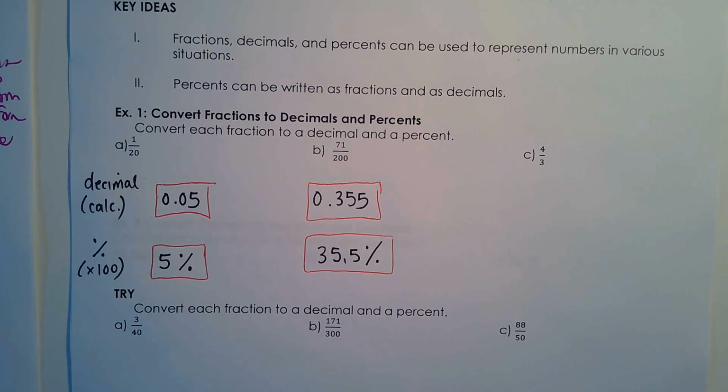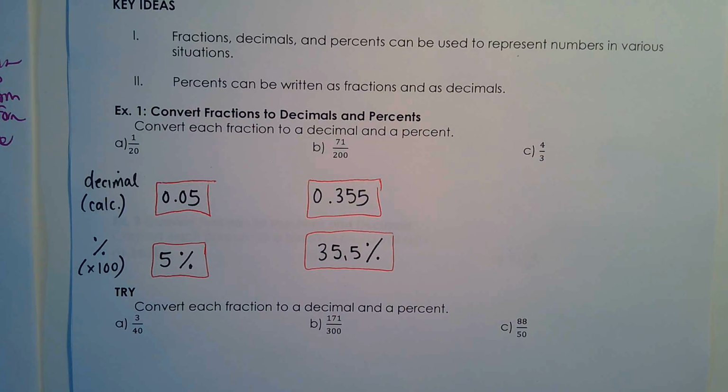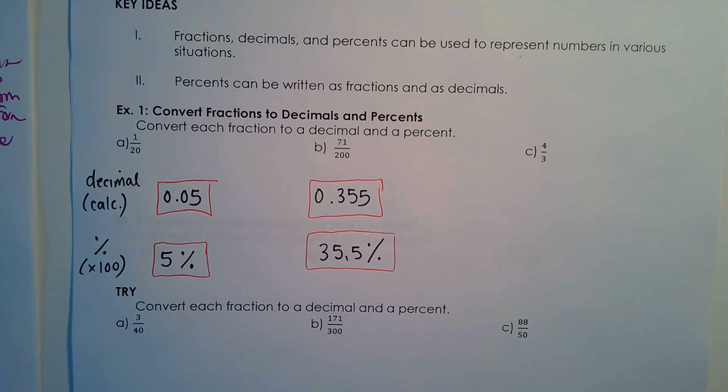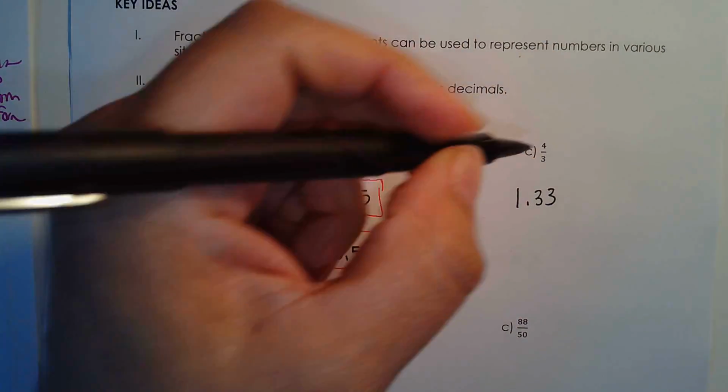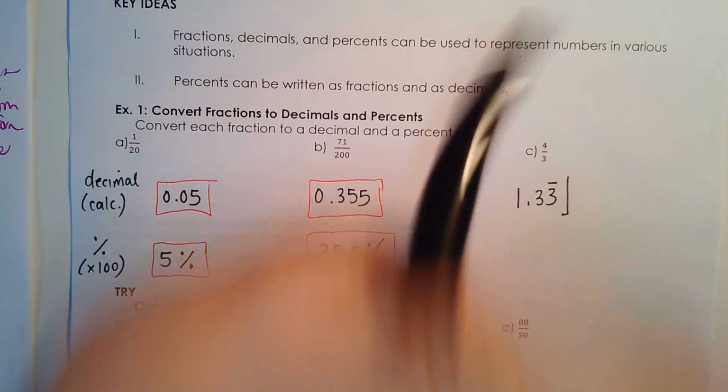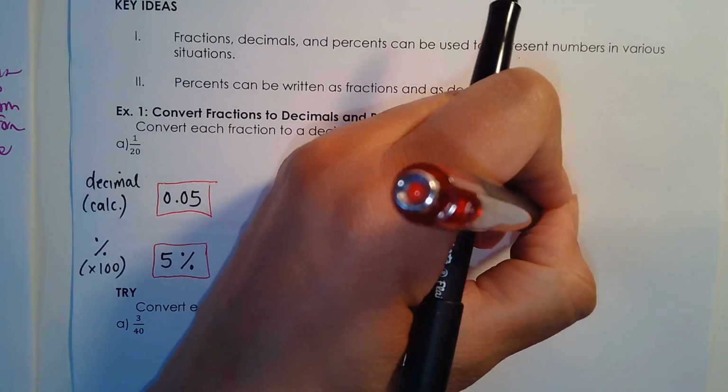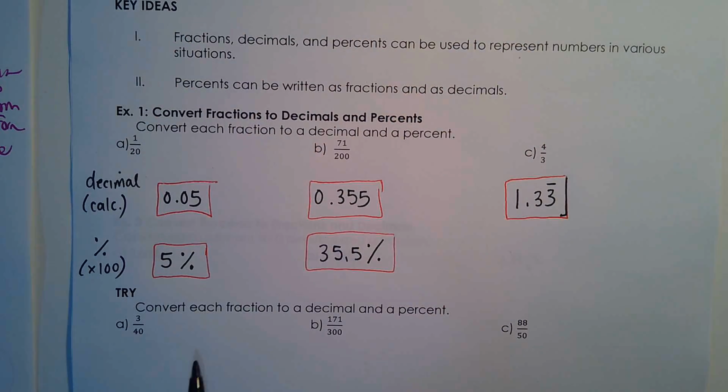And last example, 4 over 3. First I'll change it into a decimal. Using my calculator, I go 4 divided by 3, and that gives me 1.33 repeated. So that's my decimal. And now I want to change it into a percentage.